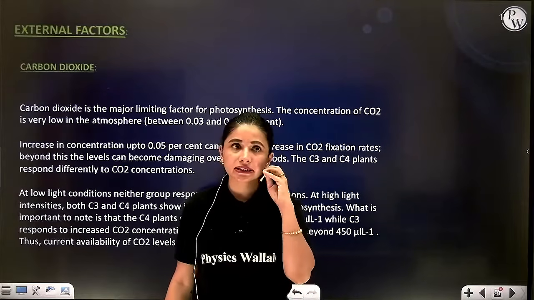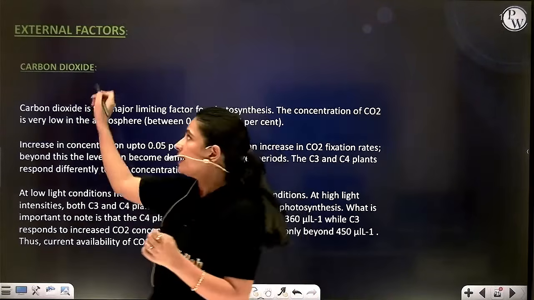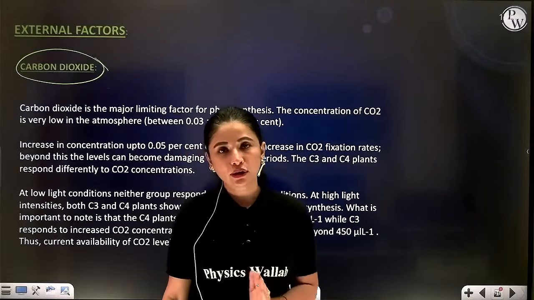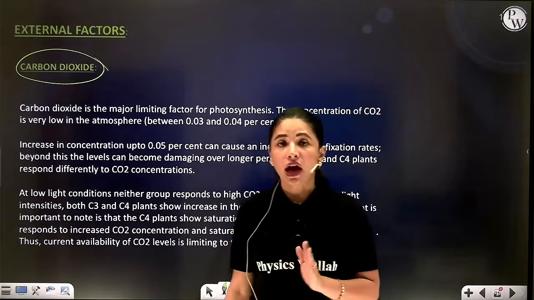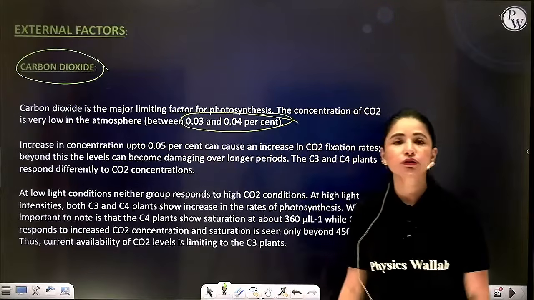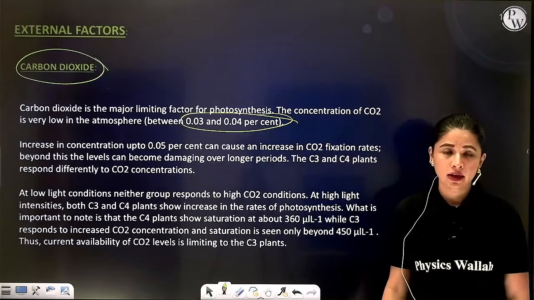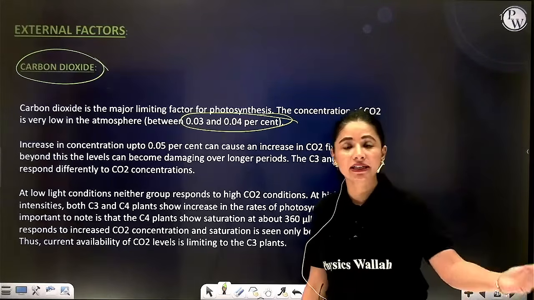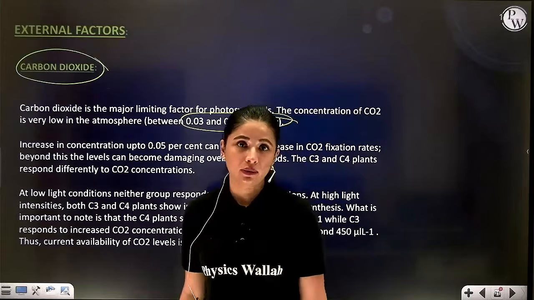The first external factor which I am going to cover is the major limiting factor, carbon dioxide. I already told you in nature the amount of carbon dioxide present is between 0.03 to 0.04%, which is obviously very less if I talk in terms of light availability and water availability.